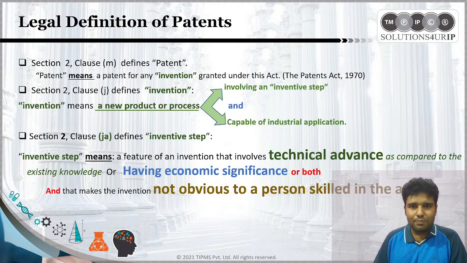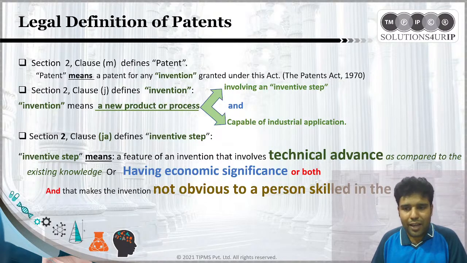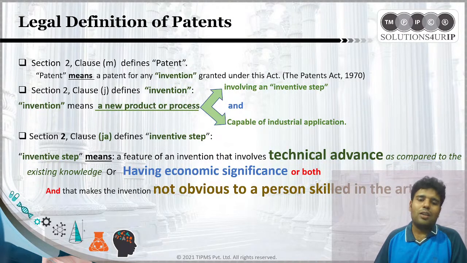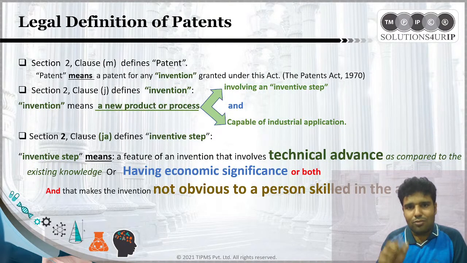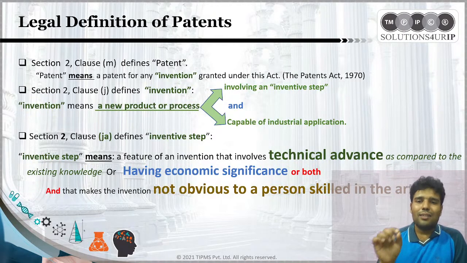Section 2(1)(ja) defines inventive step, and inventive step means a feature of an invention that involves technical advance as compared to existing knowledge, or having economic significance. If you don't remember that much, just write section 2(1)(ja), means inventive step is defined in this section 2(1)(ja), full stop.